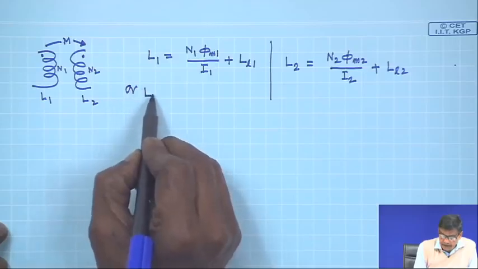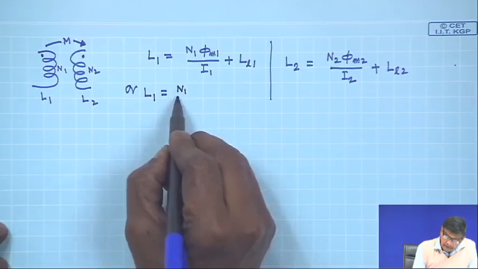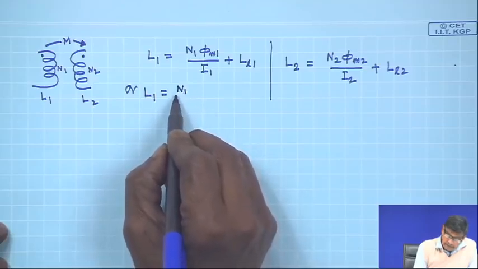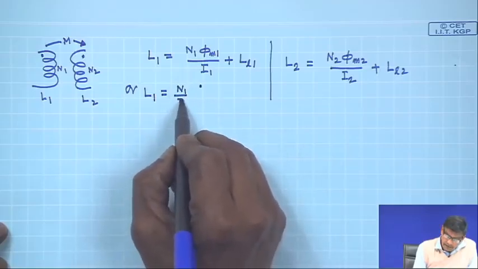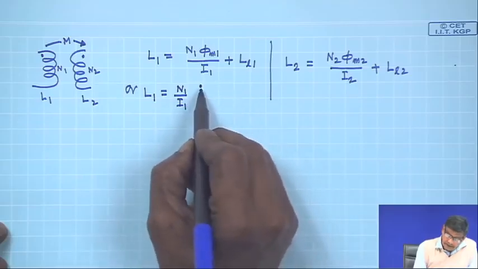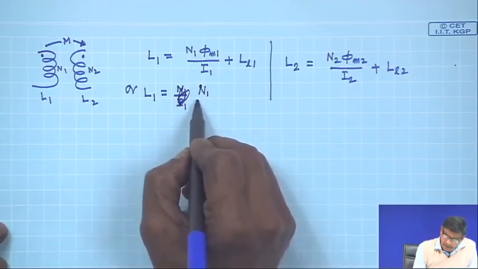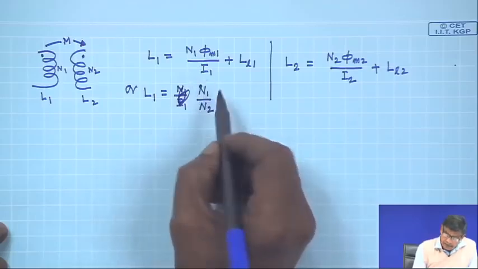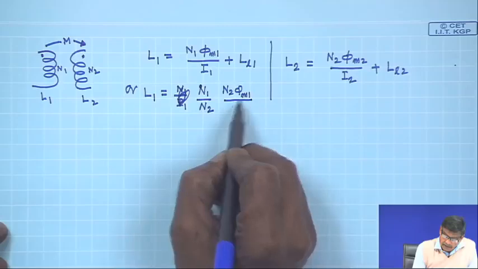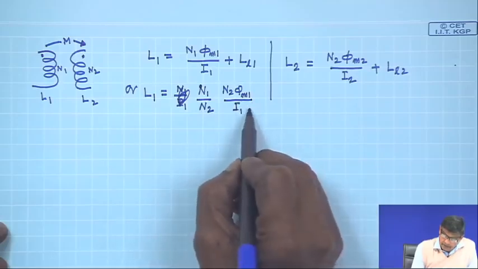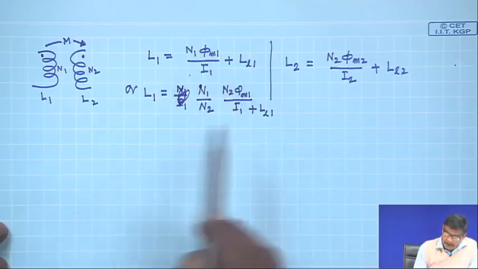I can write L1 is equal to N1 by I1, and what I will do is multiply and divide by N2. So this can be written as N1 by N2 into N2 phi m1 by I1 plus L_L1.